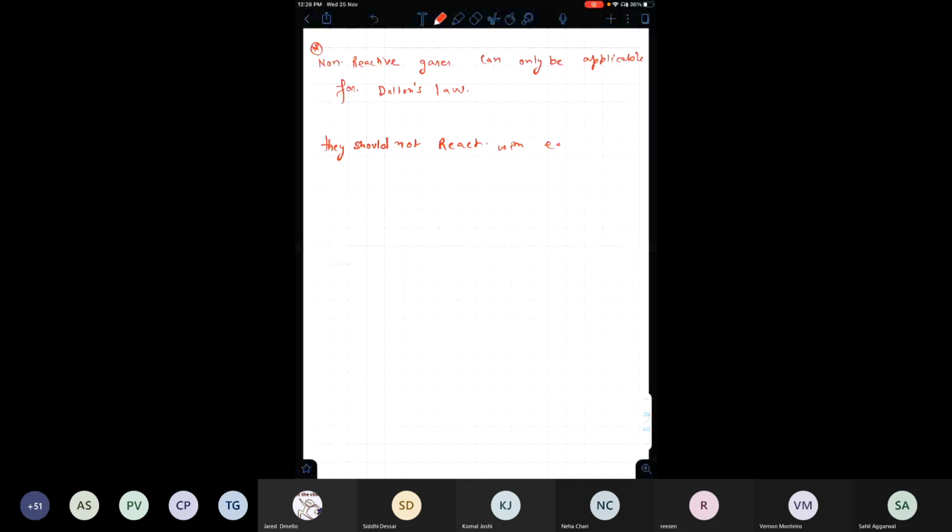Like you cannot say P of NH3. If you have a gas NH3 and gas HCl in a beaker, then Dalton's law won't be applicable.